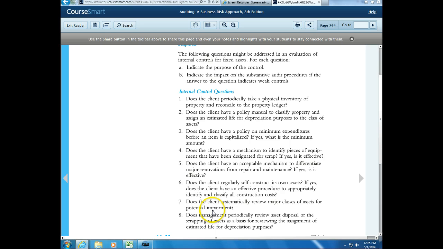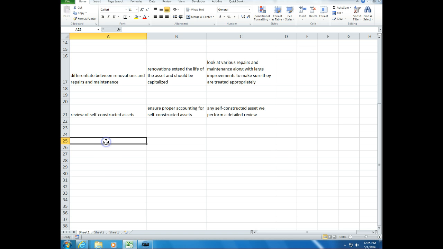Number 7, ARB. Does the client systematically review major classes of assets for potential impairment? Why are we worried about potential impairment? We're worried because they might be worthless assets that we're still showing on our books, okay? So we want to make sure there is appropriate accounting for asset impairment.